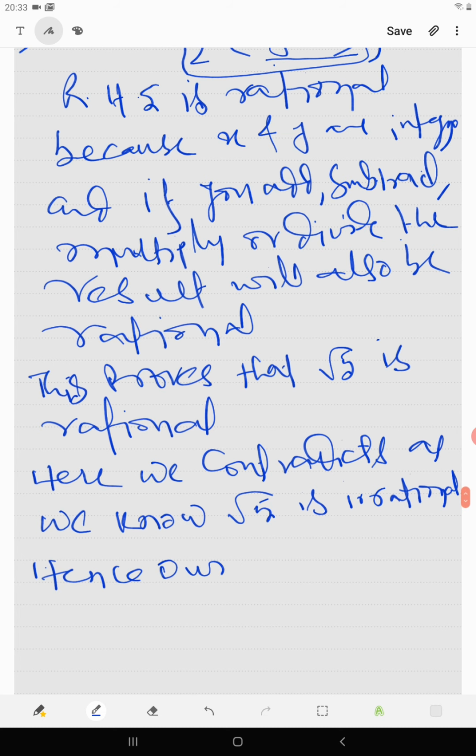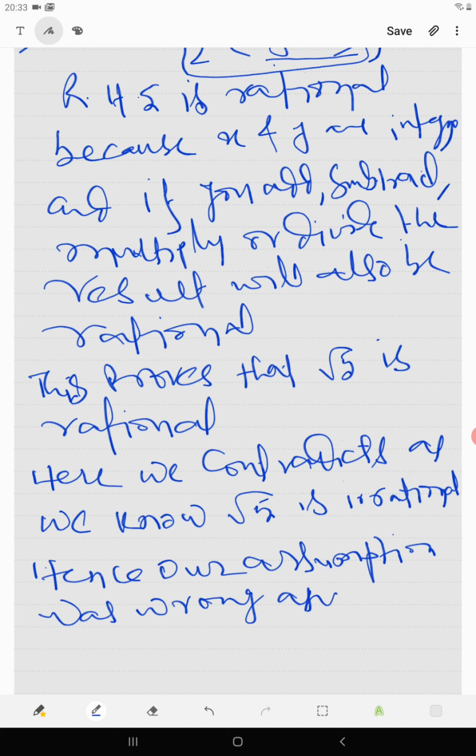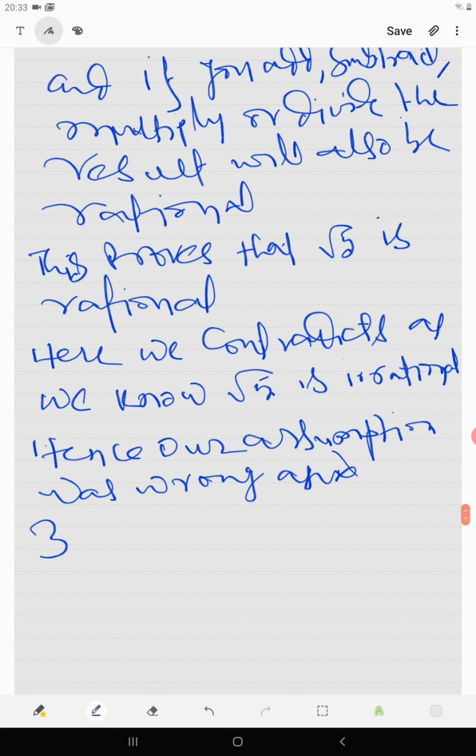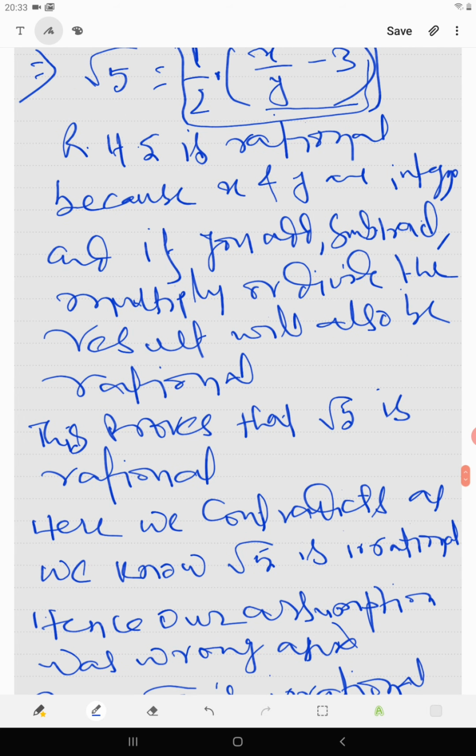And 3 plus 2 root 5 is irrational. I hope you understood it. So what I did, because x and y are integers, x by y is rational.